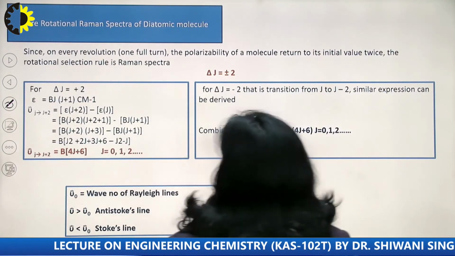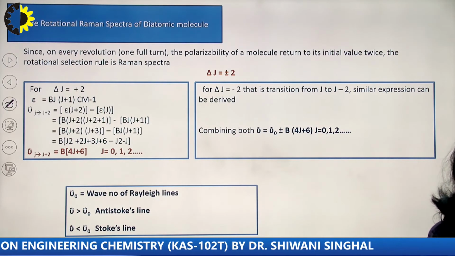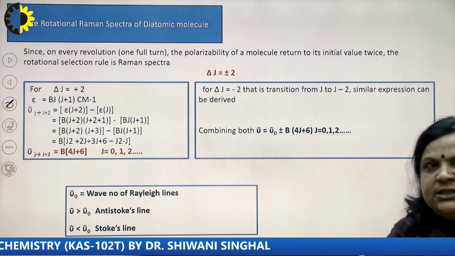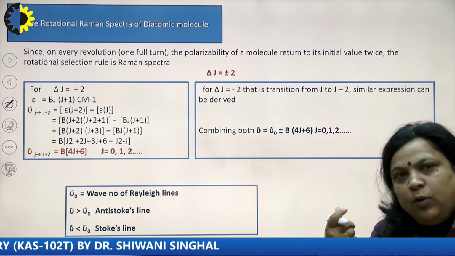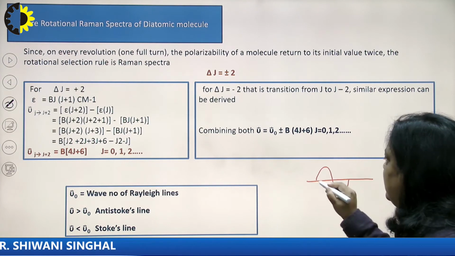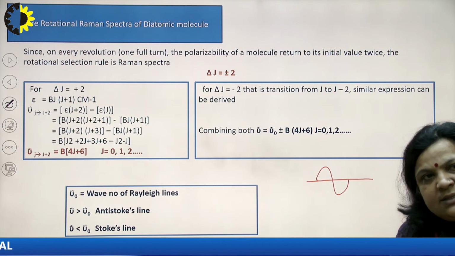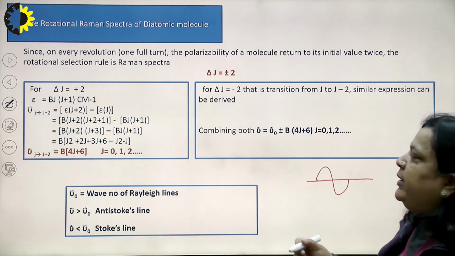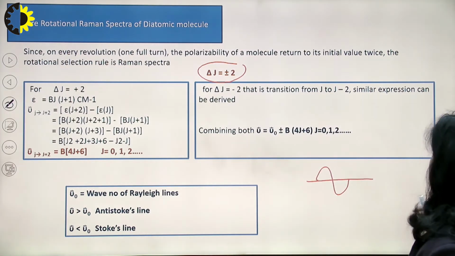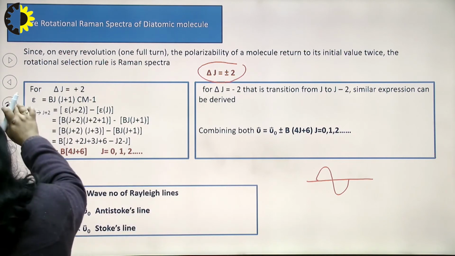Now, next is the pure rotational Raman spectra of a diatomic molecule. Since in Raman spectra, on every rotation, that is a full turn, the polarizability of the molecule returns to its original initial value 2 times, in this case the selection rule becomes delta J is equal to plus minus 2, where J is the rotational quantum number.